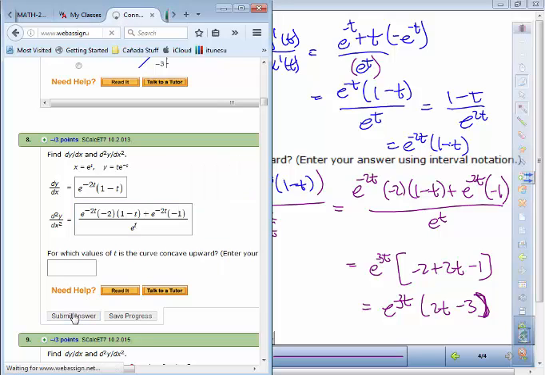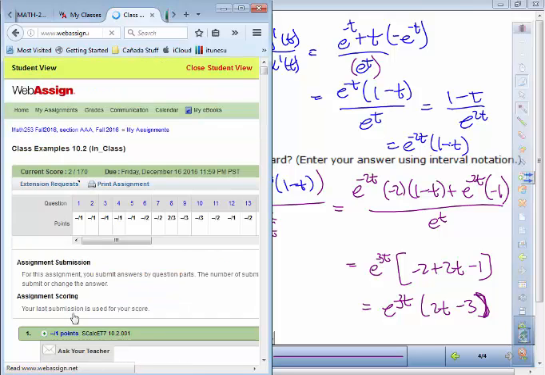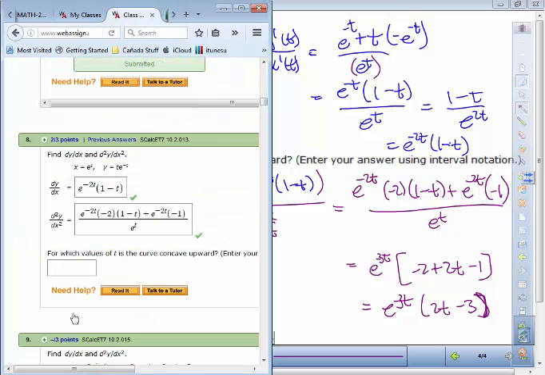So I don't know if you guys are familiar with WebAssign, but they use Mathematica to parse your answer, and generally they're able to tell whether this is correct or not by doing the simplification.